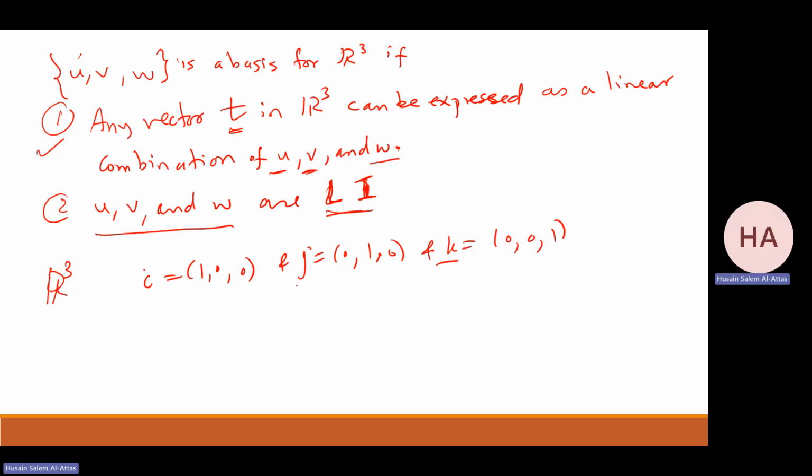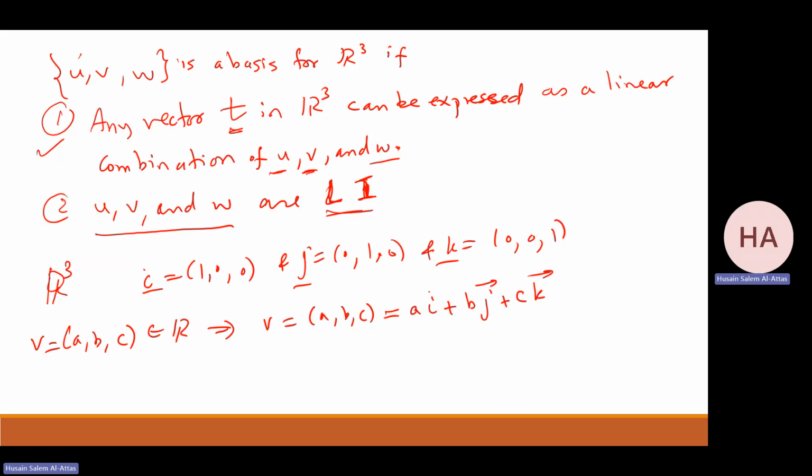These three vectors, I know if any vector A, B, C in R3, let me call it V, then that vector V, which is A, B, C, I can get it from these three vectors through A times I plus B times J plus C times K. You know what, let me use the arrows. I think it will make it easier.